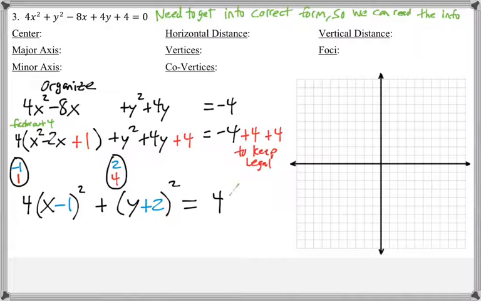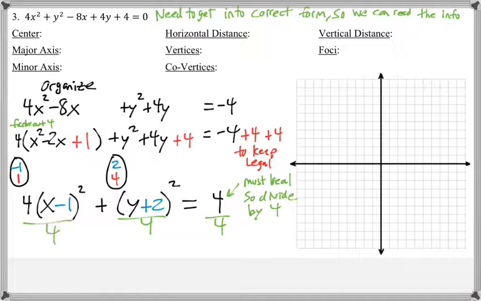Lastly, we need this to be a 1. So if you look at our formula, this must be a 1. So to do that, we need to divide by 4. So I'm going to divide this by 4, this by 4, and this by 4. And then simplify. So this will be x minus 1 squared, and the 4 and the 4 reduce.